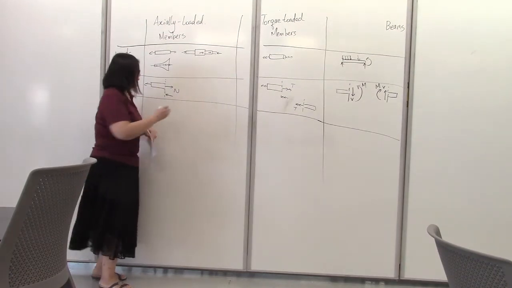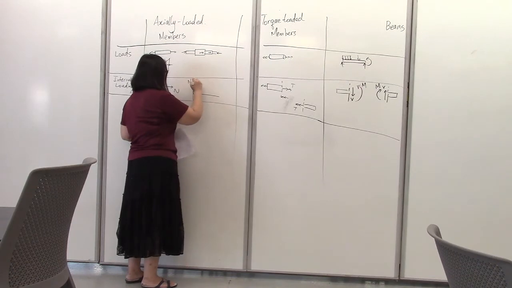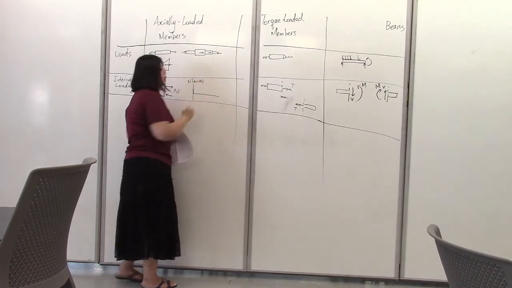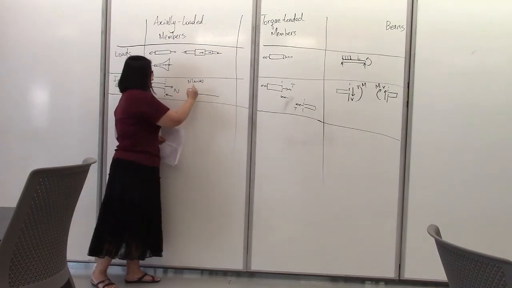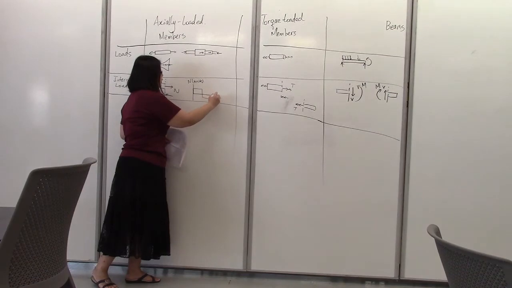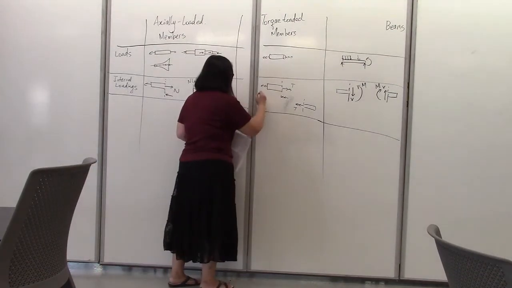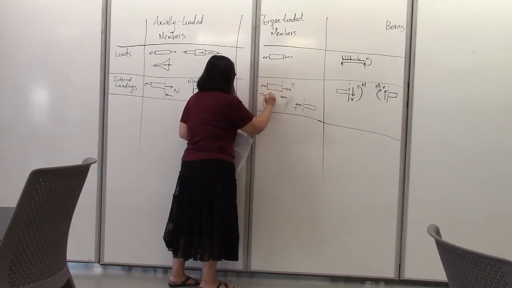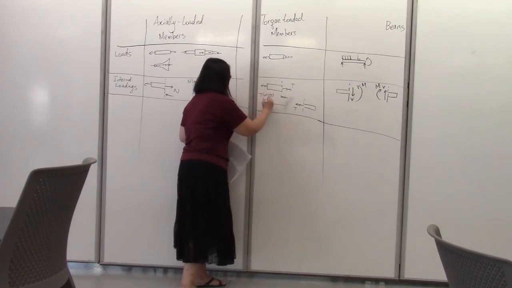And once we do that, normally we draw what we call the internal load diagram. So you label the units on the axis and you draw how the internal normal force changes along the length of the member. Same here, you can draw a diagram to show how the internal torques change along the length of a torque-loaded member.